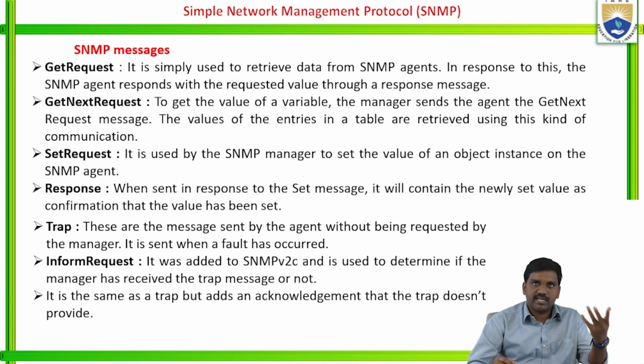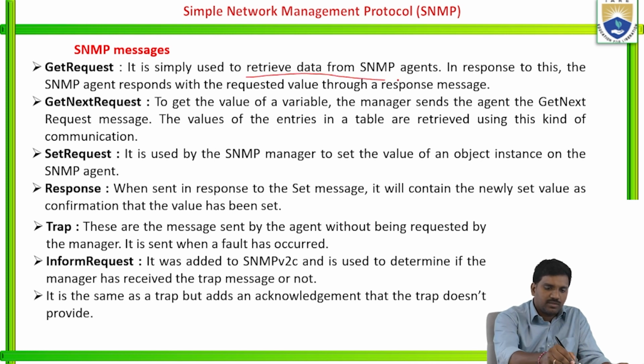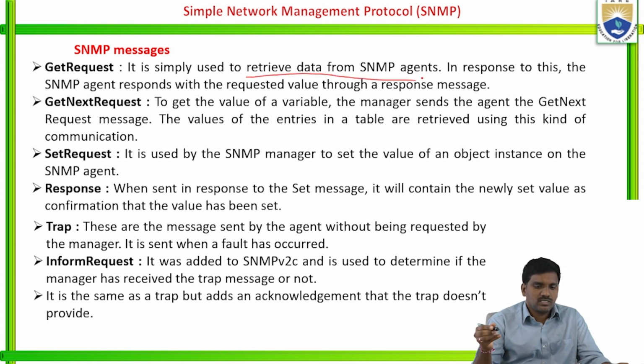Next, what is get request, what is response, what is trap, what is inform request? Let's take them one by one. What is get request? It is simply used to retrieve data from the SNMP agents. In response to this, the SNMP agent responds with the requested value through the response message.